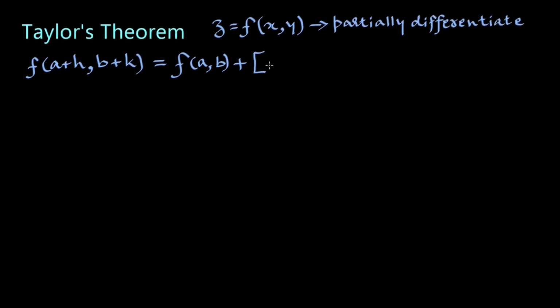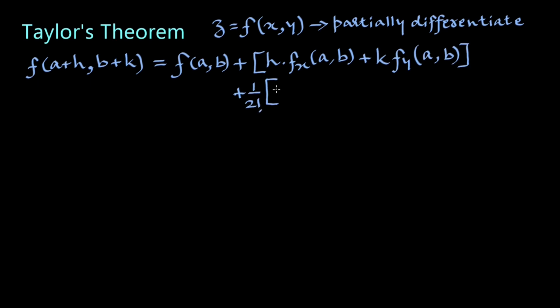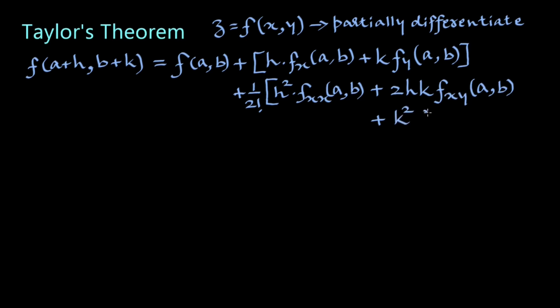So here it will be h fx(a,b) at the stationary point plus k fy(a,b) at the stationary point plus 1 upon 2 factorial [h square fxx(a,b) plus 2hk fxy(a,b) plus k square fyy(a,b)] plus so and so forth.